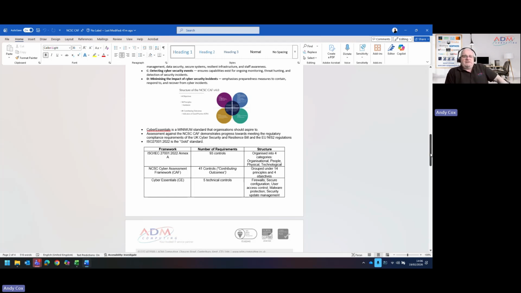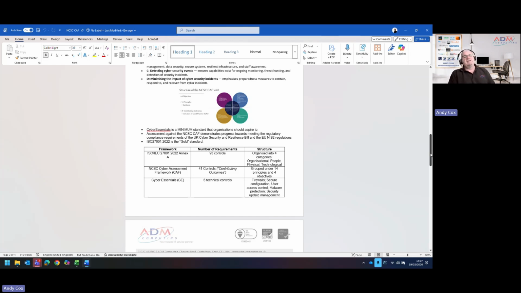It's rapidly becoming a requirement that organizations should definitely have Cyber Essentials. Okay, so Cyber Essentials is quite a basic level, but it is an accreditation. You're formally accredited under 5 technical controls: firewalls, secure configuration, user access, malware protection, and your security update management. So that is the very basic thing that everybody should aspire to.